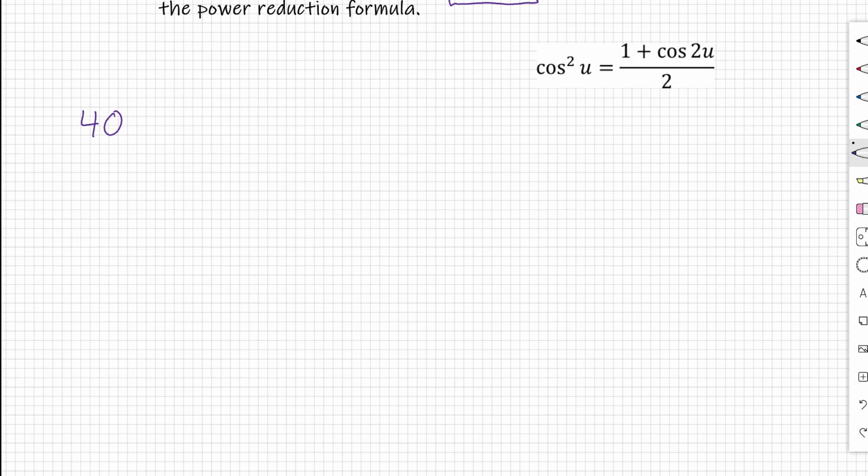40 cosine to the fourth of theta. Let's think of that as 40 cosine squared theta times cosine squared theta.